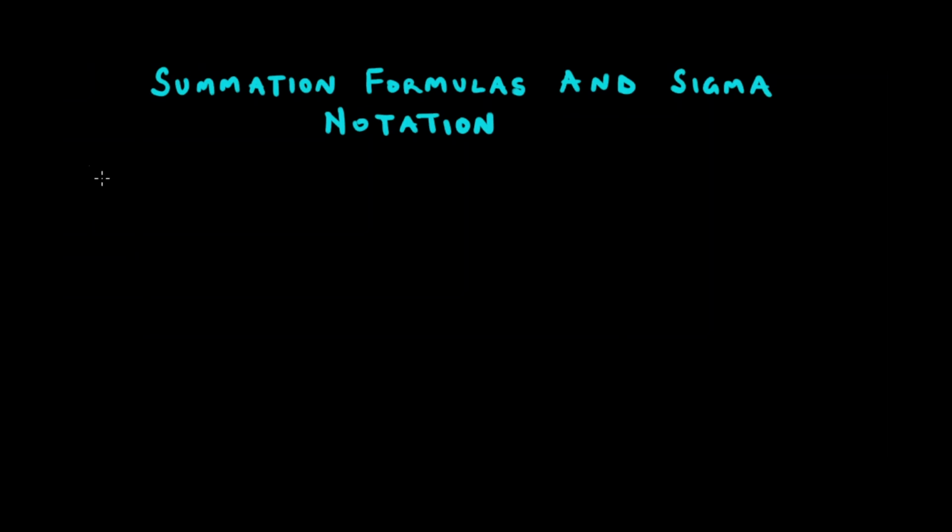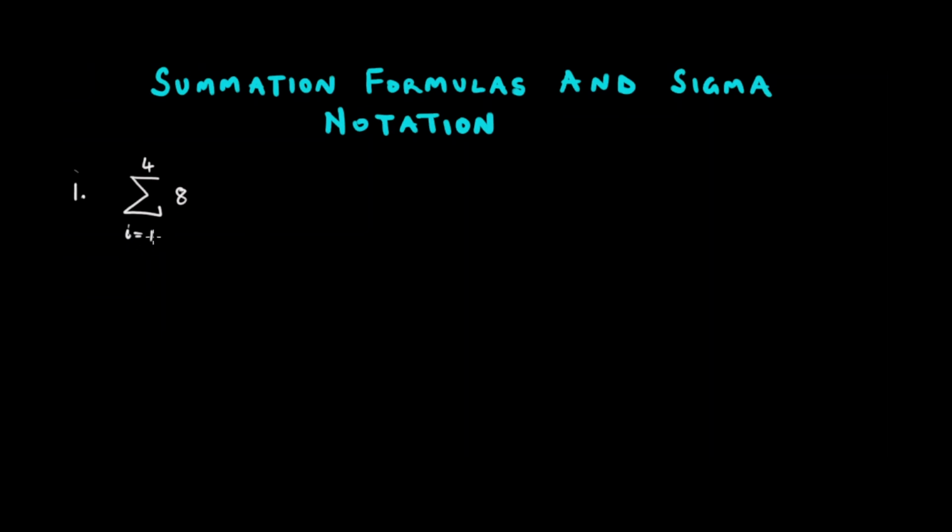So the first practice question we are going to be looking at is this one. Let us say the summation from i is equal to 1 up to 4 of 8, like that. How are we going to solve that?